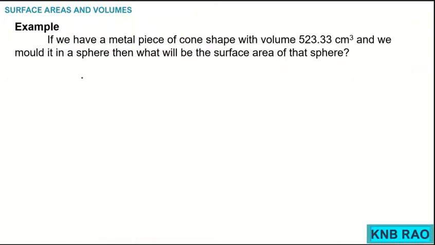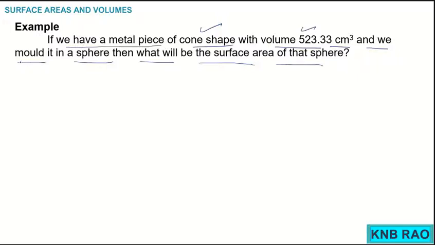Example problem I am giving. If we have a metal piece of cone shape with volume 523.33 centimeter cube and we mold it into a sphere, then what will be the surface area of that sphere? See children, here is a metal piece of cone shape, so the volume of the cone shape is given and that is getting molded.